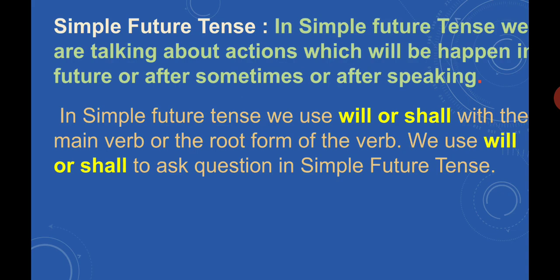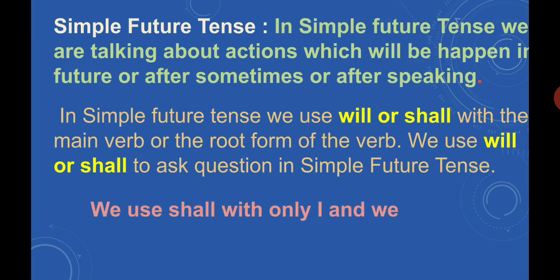Will and shall. In present continuous tense, we add ing with the verb. Here, we write the main verb with will and shall in simple future tense. And we also use will or shall to ask a question in simple future tense. Understand? So, we use shall.